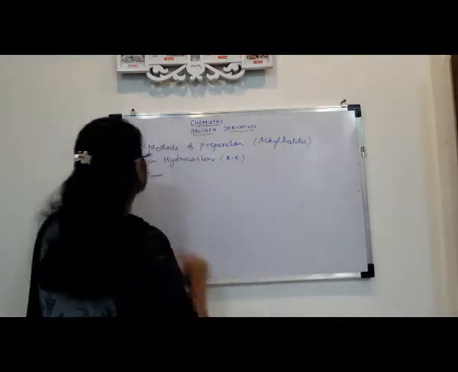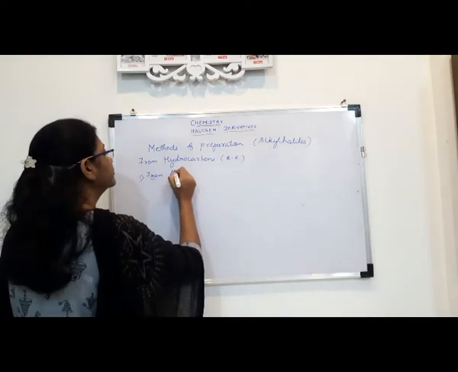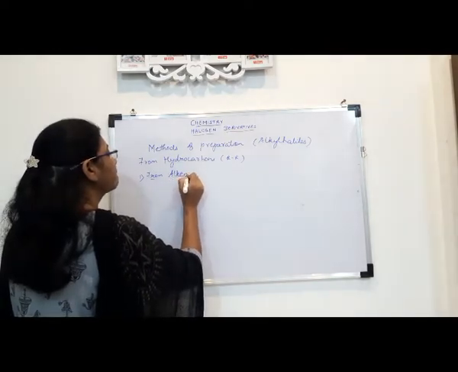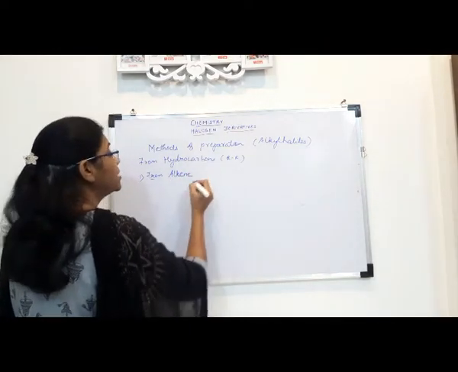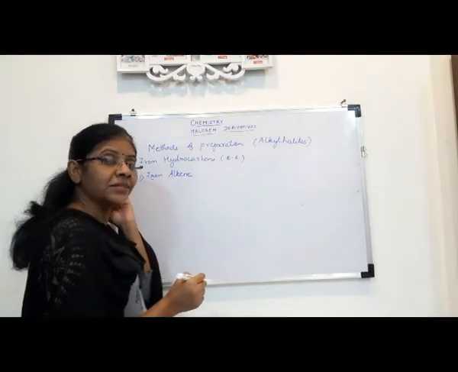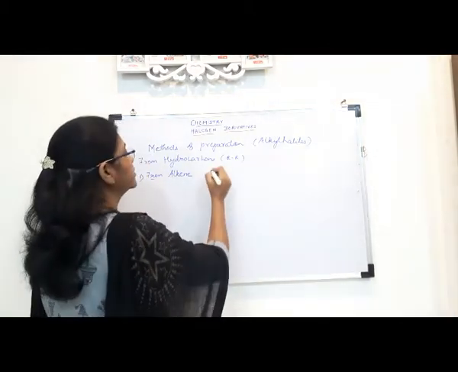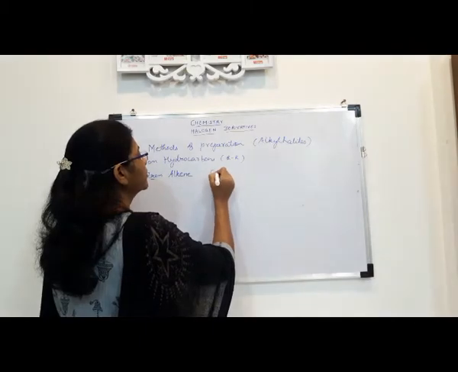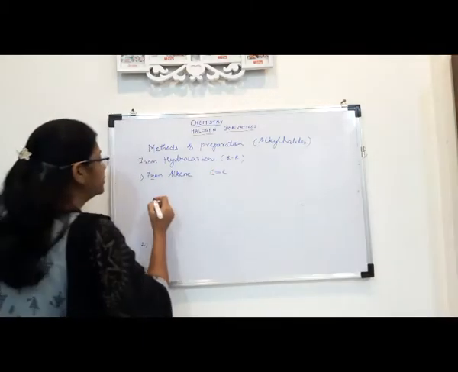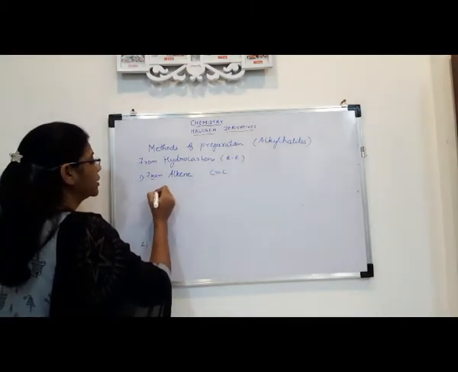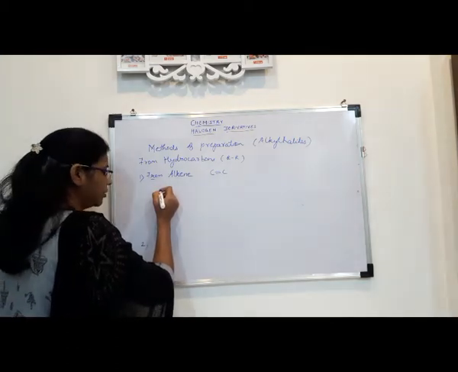From alkenes. What are these? These are hydrocarbons, but unsaturated hydrocarbons, C double bond C. Now I'll take a simple example.